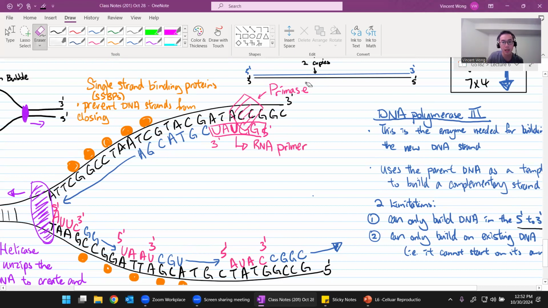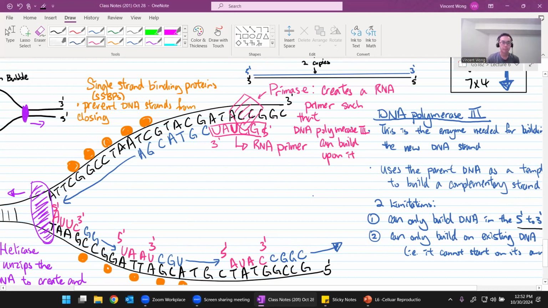So basically, primase creates an RNA primer such that DNA polymerase 3 can build upon it. Okay. So that's an RNA primer, that's an RNA primer, that's an RNA primer.